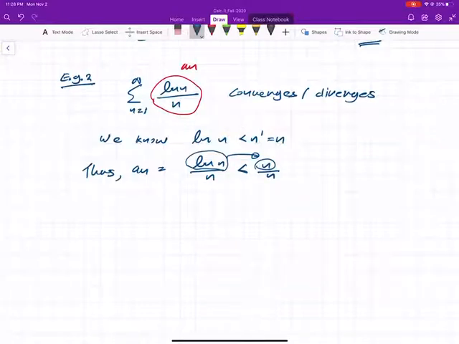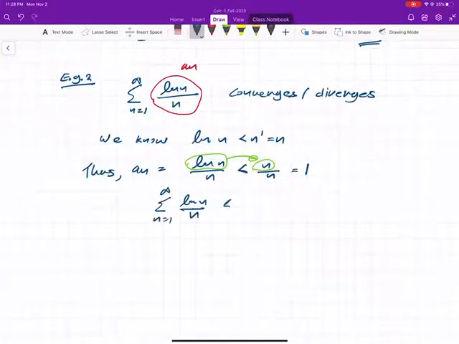You could write this as just 1. Now put sigma on both sides. Sigma ln n over n, n goes from 1 to infinity, is greater than sigma n goes from 1 to infinity of 1.